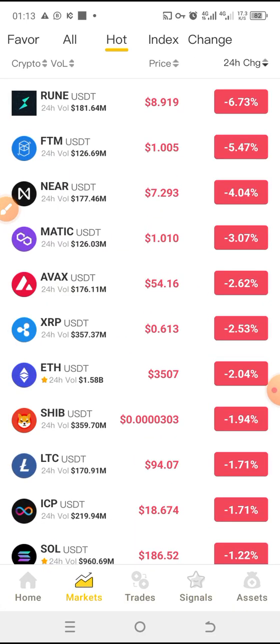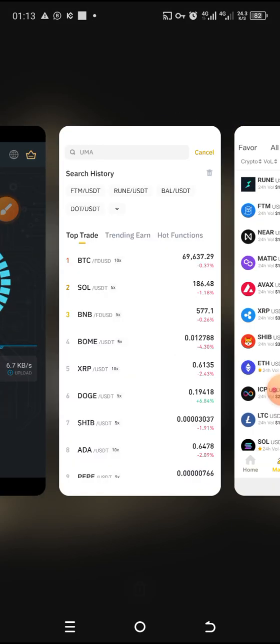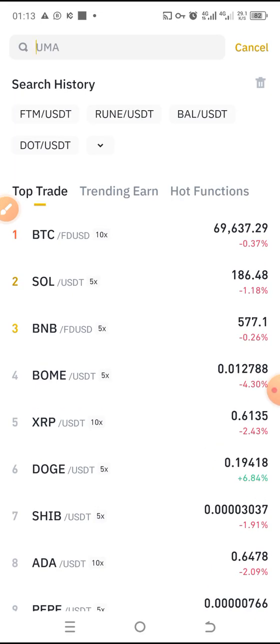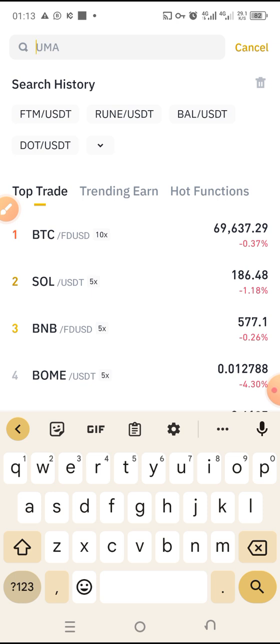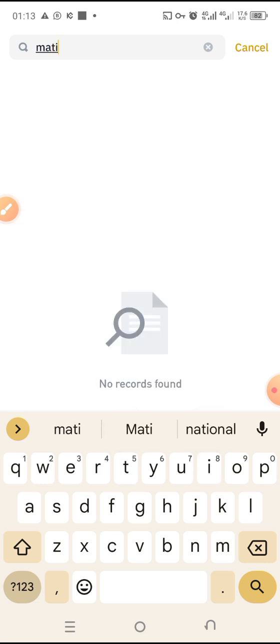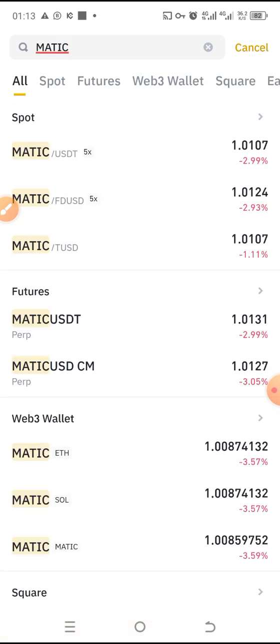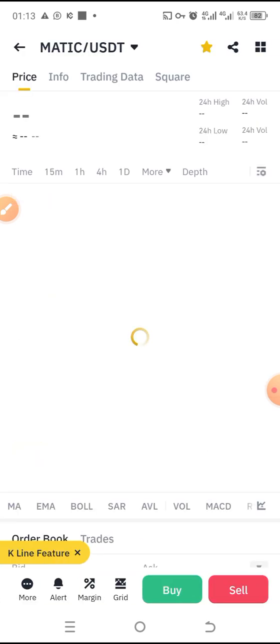Then NEAR, I already made a trade on NEAR. Then Matic is also a very good coin, and it doesn't go up too much or down too much, so at least it's a good coin for one shot. So this is Matic.